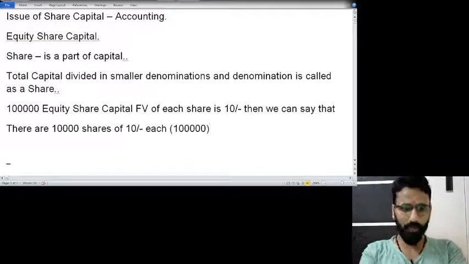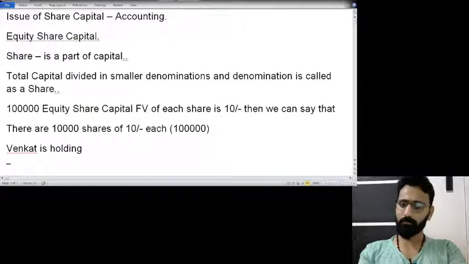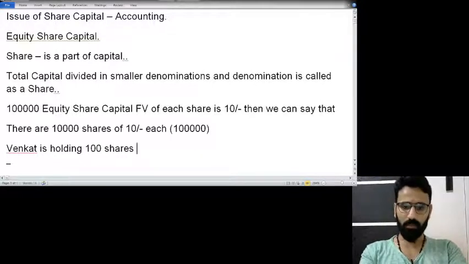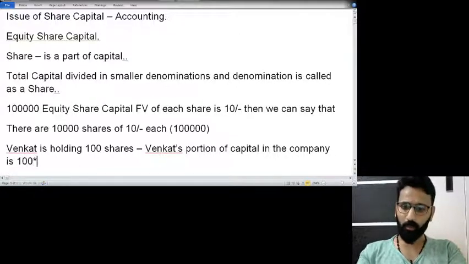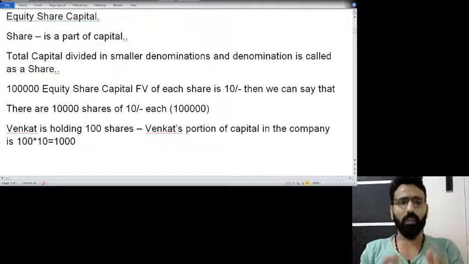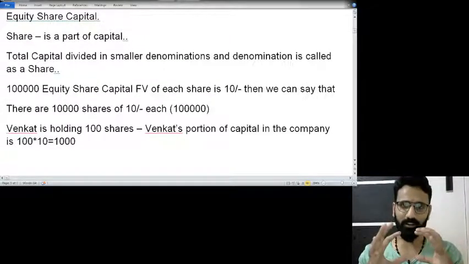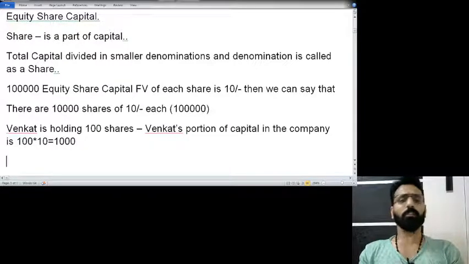Suppose Venkat is holding 100 shares, it means Venkat's portion of capital in the company is 100 into 10, that is 1000. So in 10,000 shares, he is holding 100 shares.